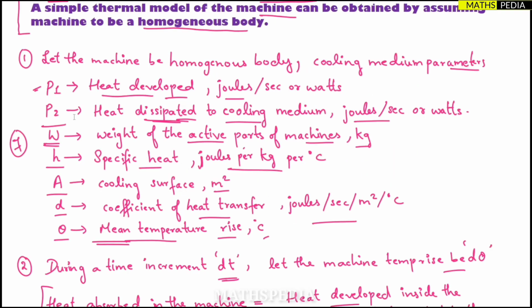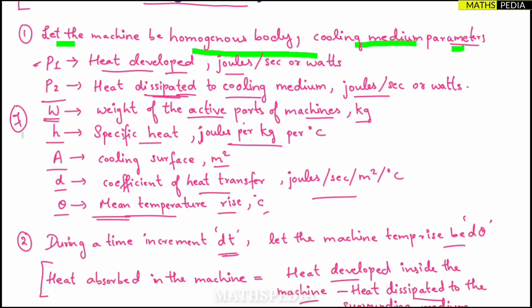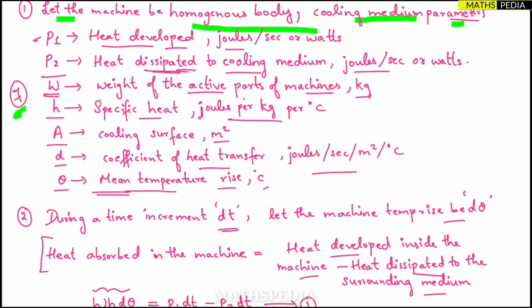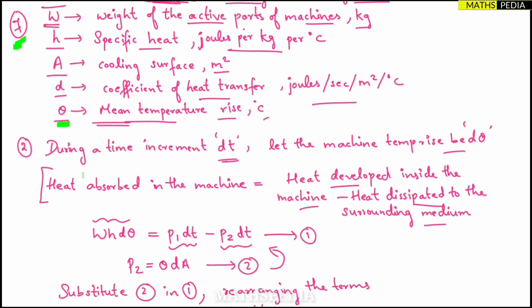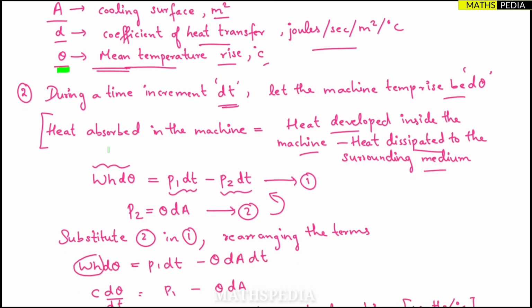Now I'll just briefly explain what all happened. First step, you have to consider the machine to be a homogeneous body, and the cooling parameters you have to consider, there are 7 parameters. Remember each and every term, very important, remember theta and all. Second step, you have to consider the increment time dt, as well as the mean temperature rise theta, d theta.